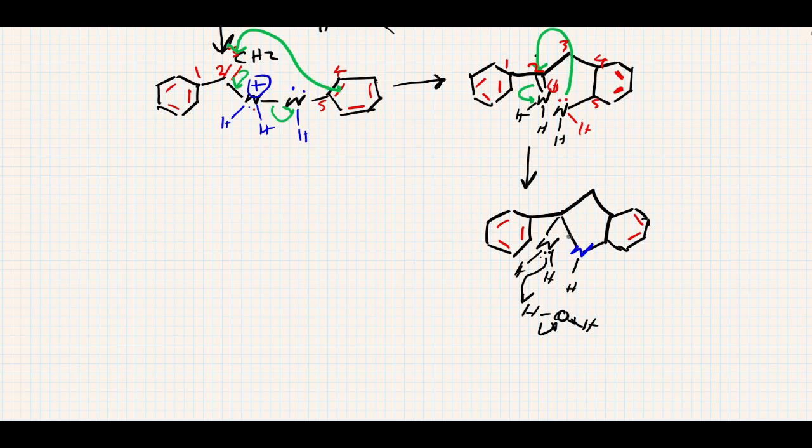And so the lone pair of this nitrogen is going to create a double bond there, and this would disconnect this group towards oxygen. So that means we're going to have an amine in solution.